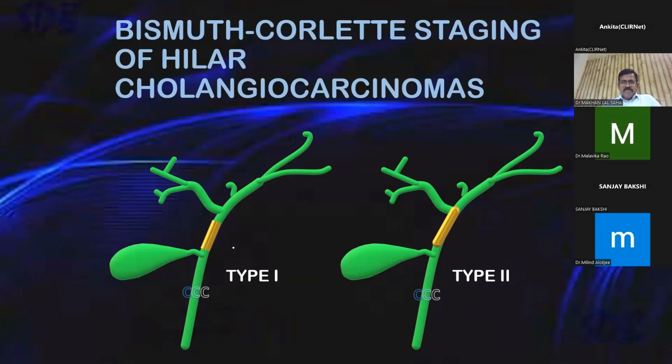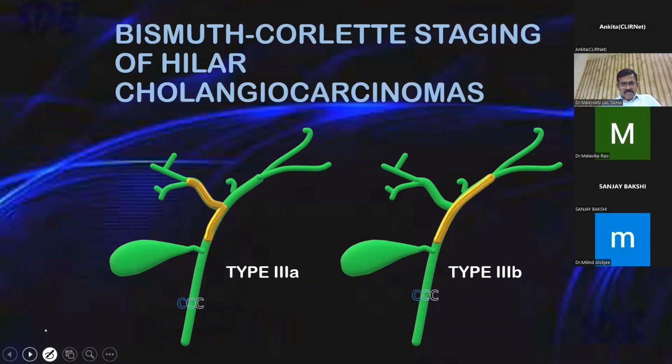You have a type 1 where it's below the confluence, and a type 2 where the confluence is involved, and sometimes that goes by the name Klatskin tumor. You have a type 3A, where the carcinoma extends into the right hepatic duct, and a type 3B, where it goes into the left.